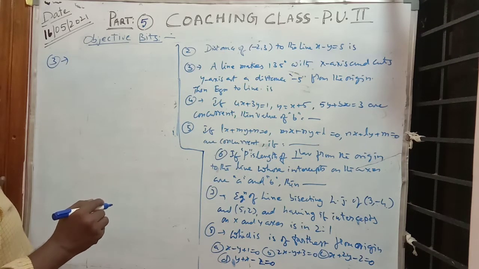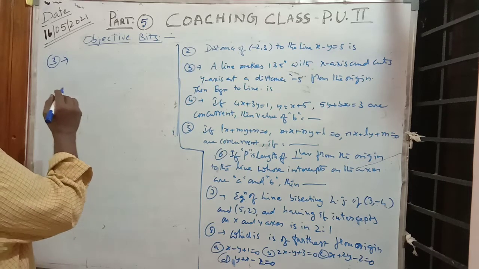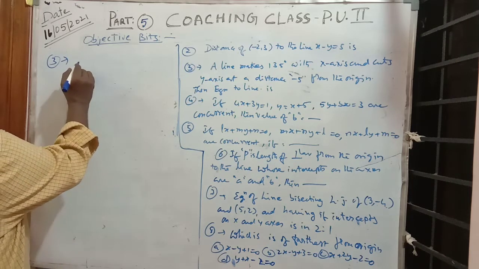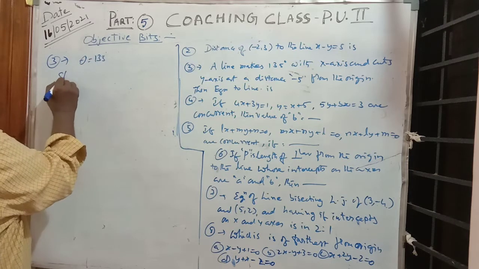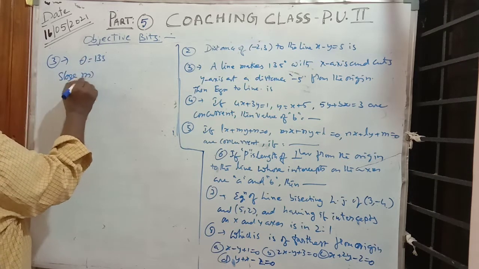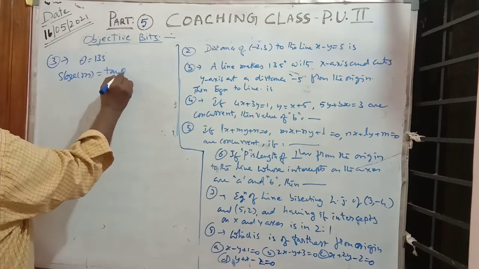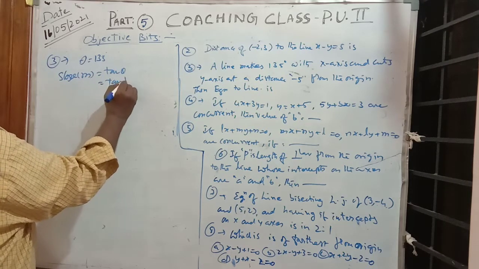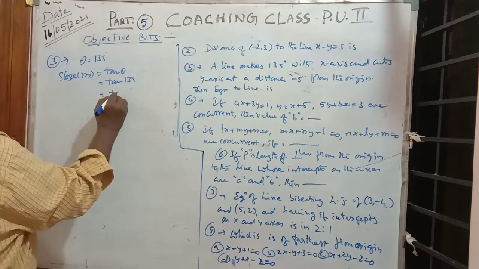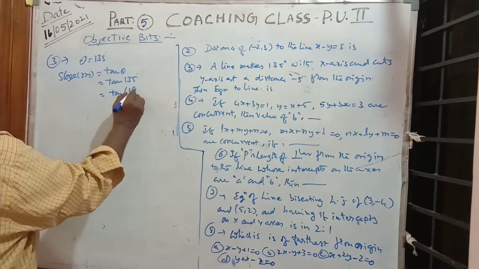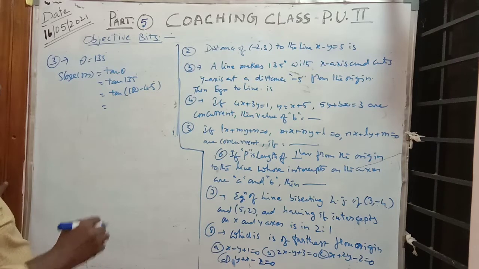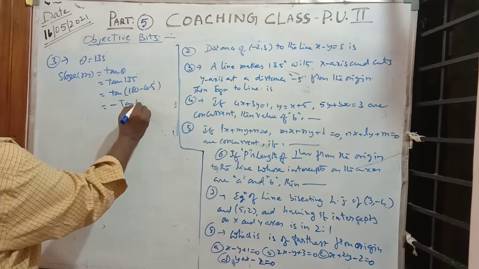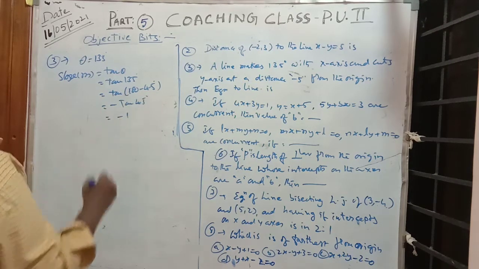You see, a line that makes an angle, here theta is equal to 135. Slope m is equal to tan theta. That is tan 135, that is tan of (180 - 45), tan of (180 - theta) is minus tan 45.